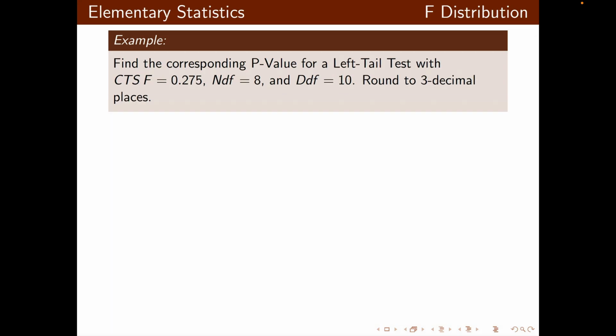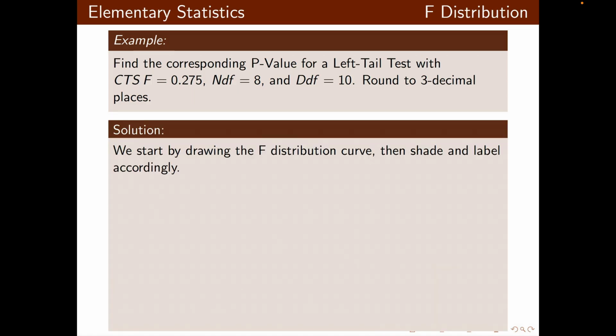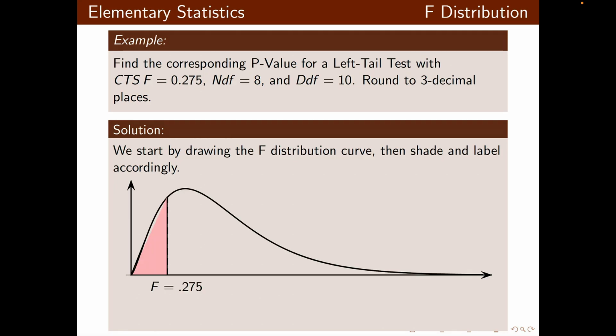Now let's find the corresponding p-value for a left-tailed test with CTS F of 0.275, numerator degrees of freedom 8, and denominator degrees of freedom 10, and once again we round to 3 decimal places. We're going to draw, label, and shade accordingly. This is a left-tailed test, so we're going to shade to the left.